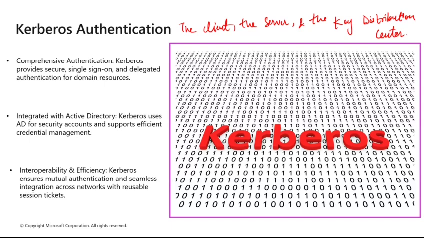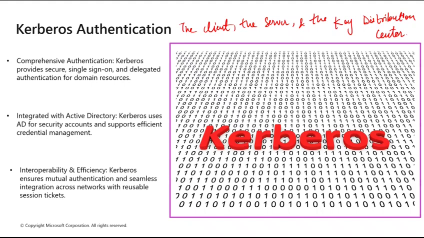The KDC decrypts it to prove you are who you say you are, and sends back a ticket granting ticket, the TGT. The TGT is your master key for the day, usually valid for 8 to 10 hours. That is how the exchange works here.